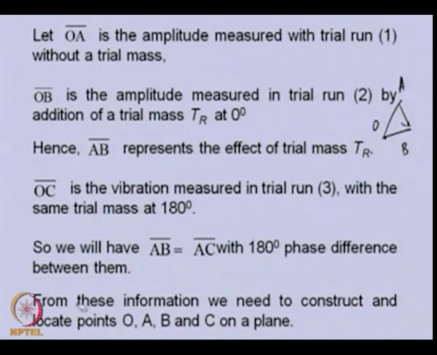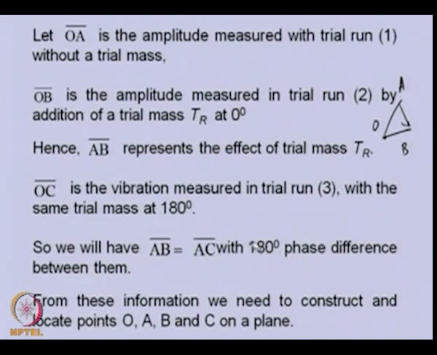Now we have the following information from the previous measurements and the above analysis: OA, OB, OC, three amplitudes are available, and we know that AB is equal to AC, but they have a 180 degree phase difference.